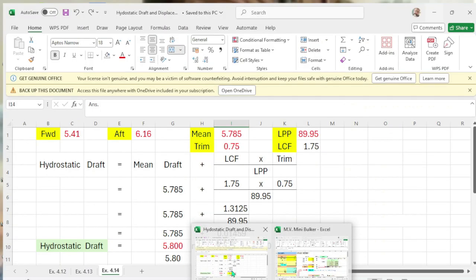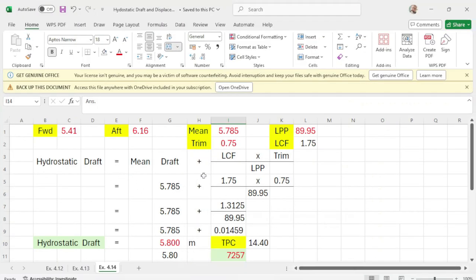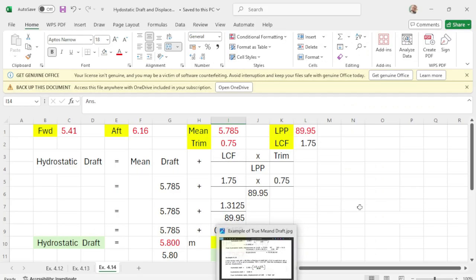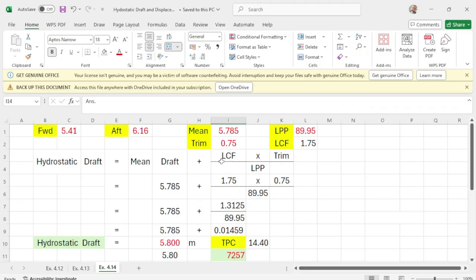Mean drop equals midship plus LCF times trim over LPP, equals 5.785, which is here, 5.785 plus your LCF. LCF is 1.75 times your trim. Your trim is 0.75 over your LPP, which is 89.95.